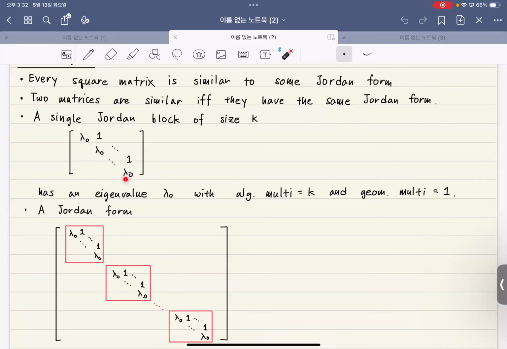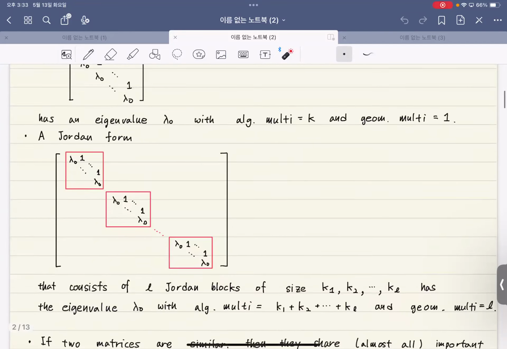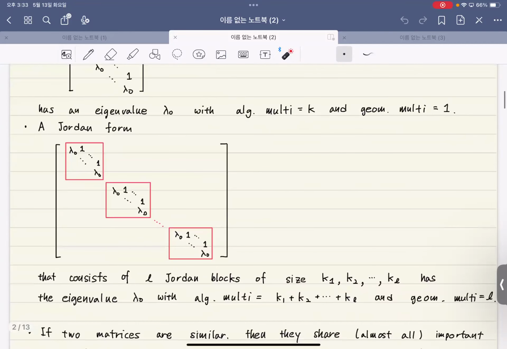This has algebraic multiplicity K and geometric multiplicity equal to 1. So what do you think is the eigenvalue of this matrix? Well, all these diagonals are lambda zeros. Therefore, it has only one single eigenvalue, which is again lambda zero.